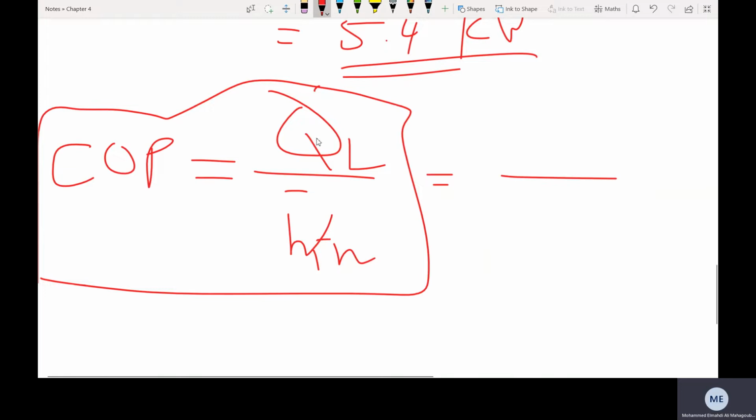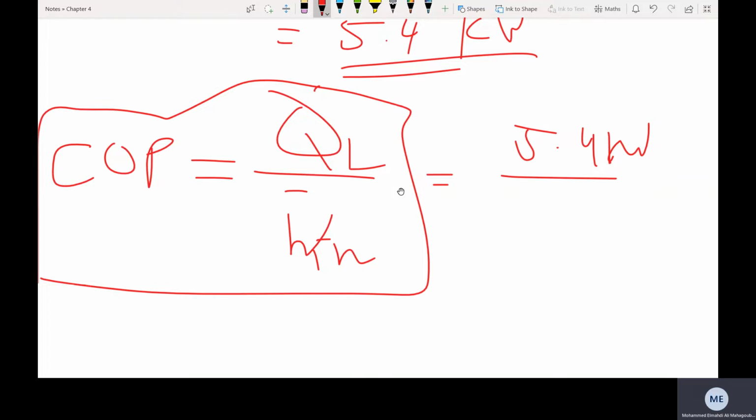Now we have the Q dot L, which is 5.4 kilowatts. What we need to find is the work inlet to this cycle. Typically, work inlet to the cycle will be the mass flow rate multiplied by H2 minus H1.